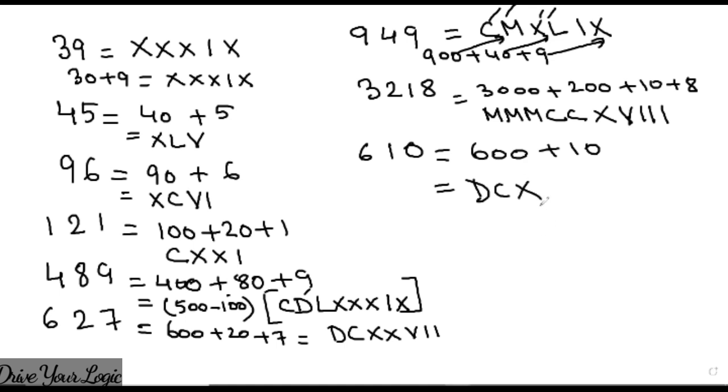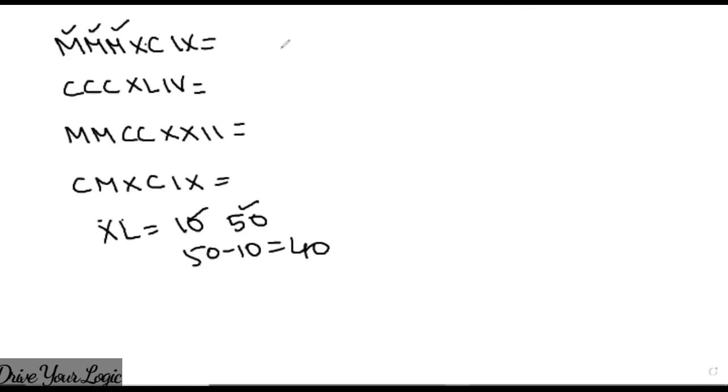Clear? Now if I do it the opposite way, let me show you a few sums on that. Expand it. So the first term stands for 1000 plus 1000 plus 1000. X means 10 and then C. You see X first, then C, you write XC. First is small, then suddenly after small comes big. That means something is there. So what is XC? 100 minus 10, that is 90.